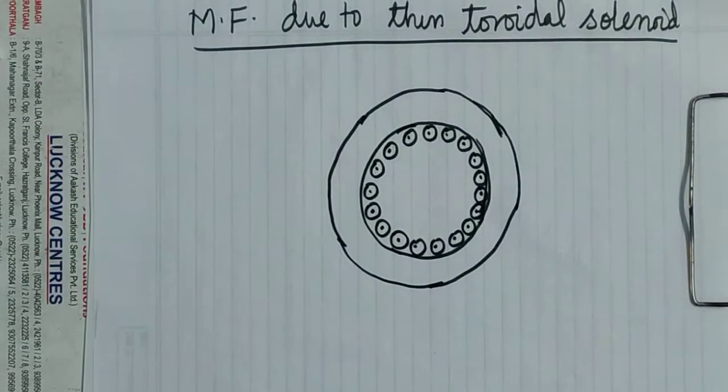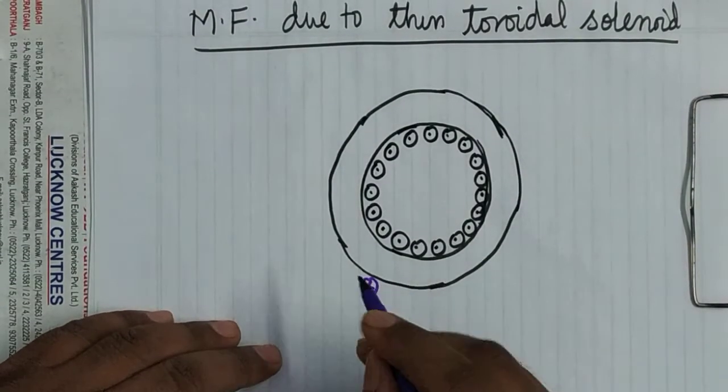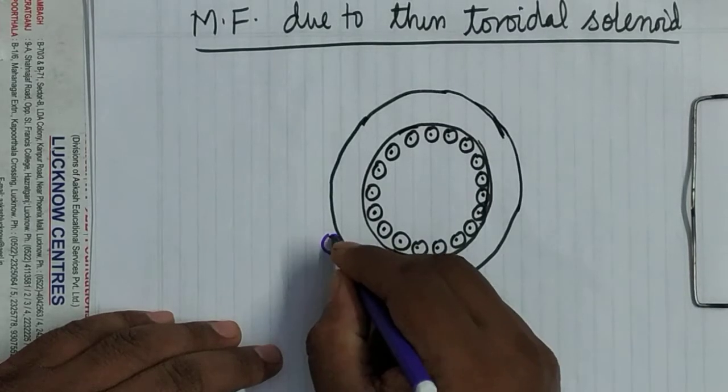It is clear. When you make it in this side, it will be like this. This way it will be.